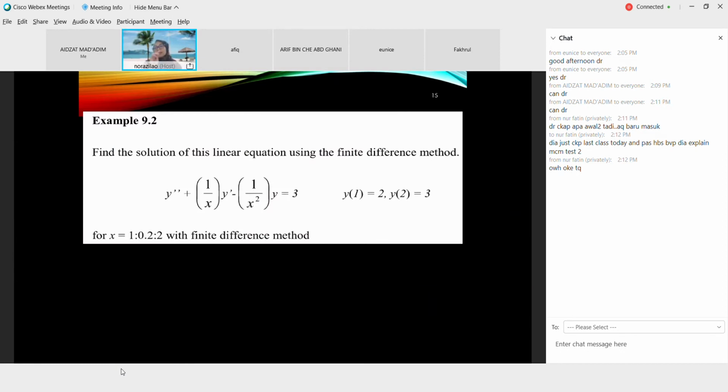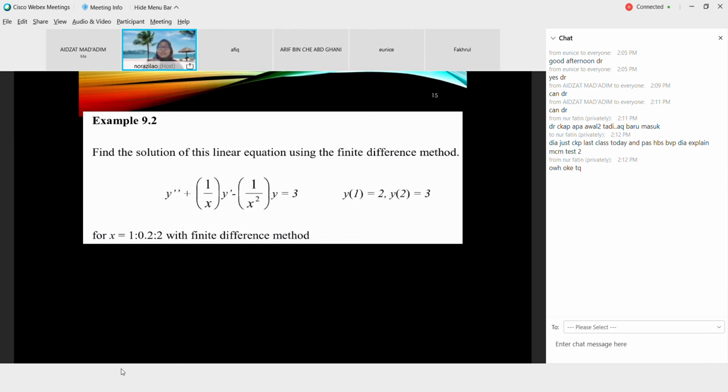Okay, example 9.2. How can we use the finite difference method, using central finite difference? Find the solution of this linear equation using the finite difference method. Most of the time, in your test 2 question, students need to use the finite difference method directly.